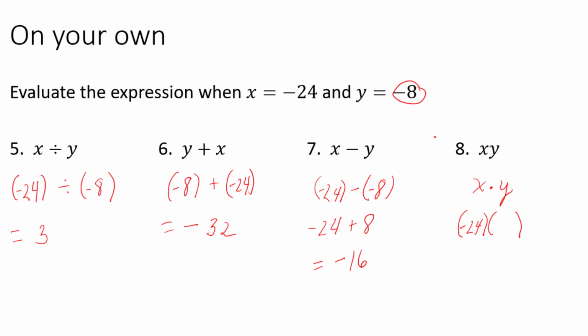So I'll substitute negative 24 for x, negative 8 for y. Negative times a negative is positive, and 24 times 8, let's see, how much is that? 8 times 4 is 32. 8 times 2 is 16, 17, 18, 19.